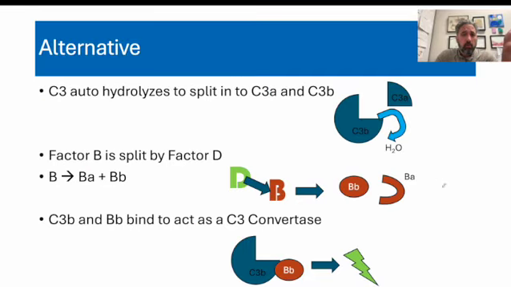The alternative pathway, we're still going to make a C3 convertase, but instead what's going to happen is that C3 will autolyse, it'll auto-hydrolyze. So there will be an H2O that'll be lost in the process. The A goes away. The B is going to do a couple other things. So B is going to actually bind to this other thing.